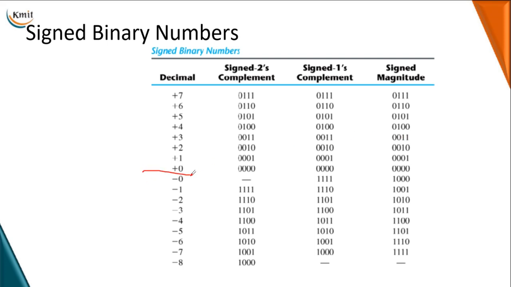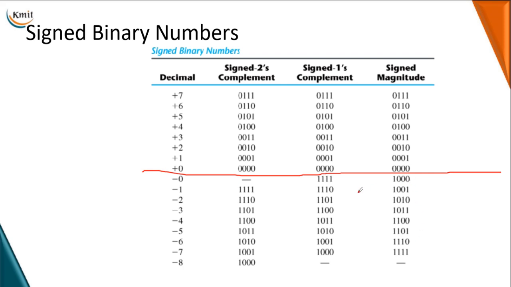Now when I observe this table, the representation of positive numbers in signed magnitude, signed ones complement and signed twos complement is similar to each other, whereas the only difference is in the representation of negative numbers, which differ from one representation to the other.